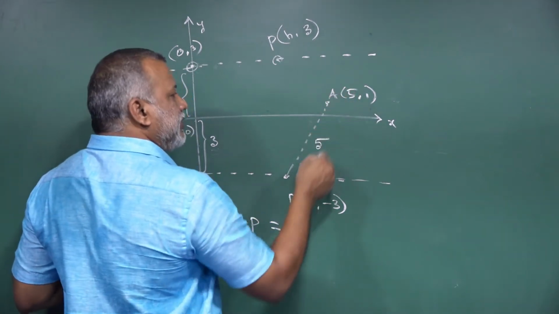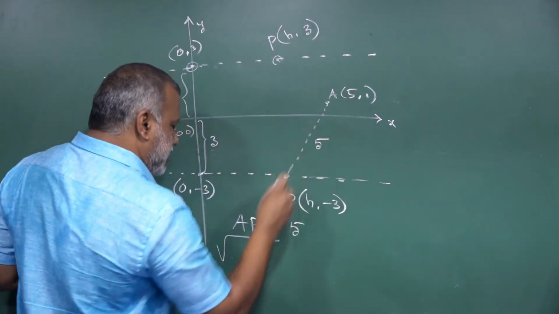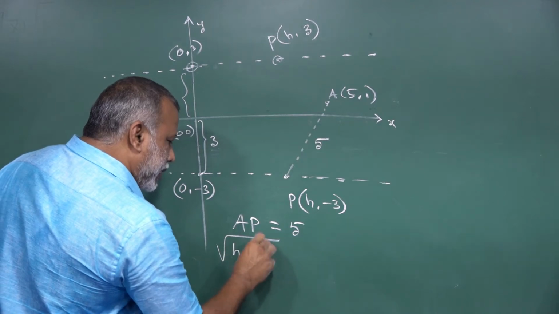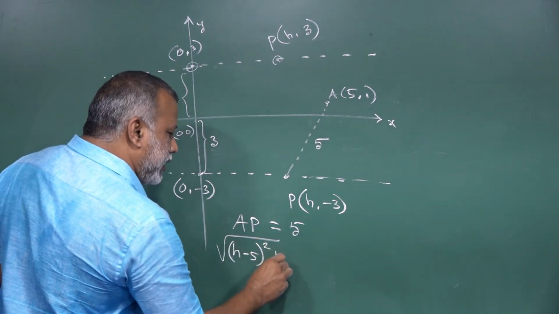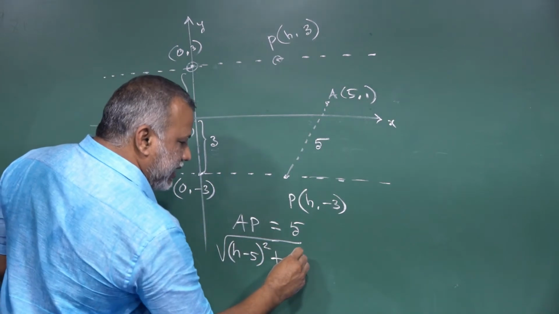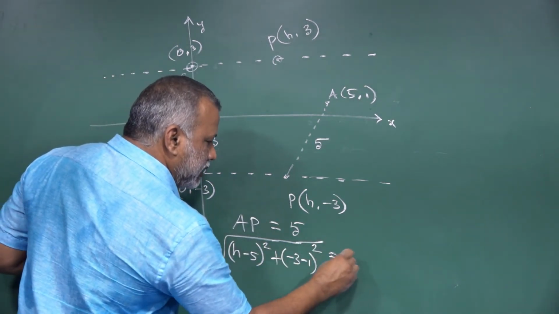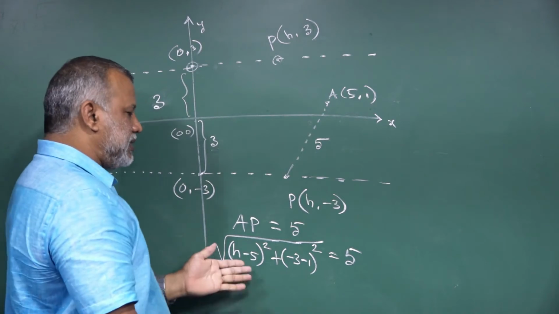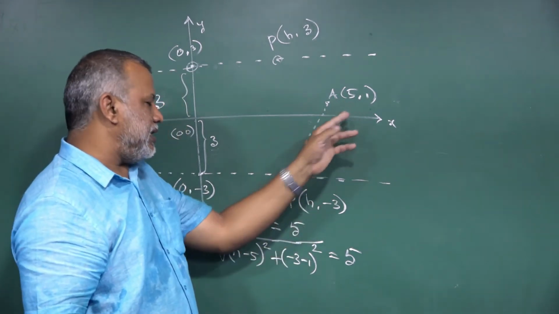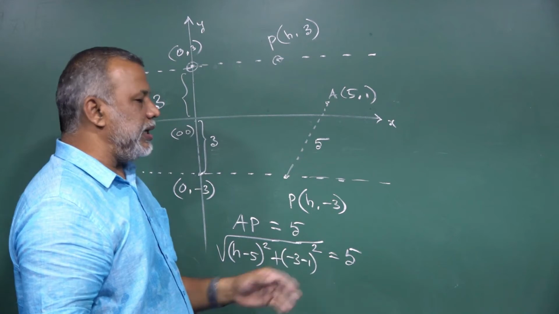Once again, the distance between these 2 points: square root of h minus 5 the whole squared, plus minus 3 minus 1 the whole squared, equal to 5.